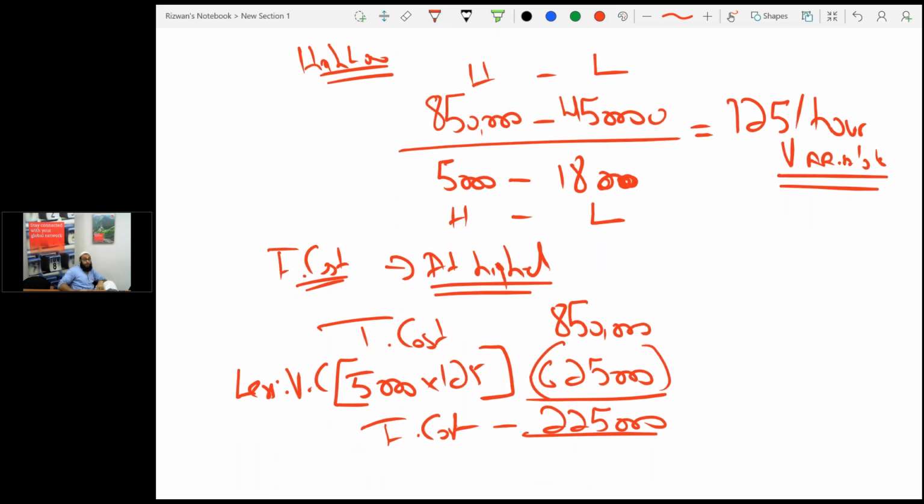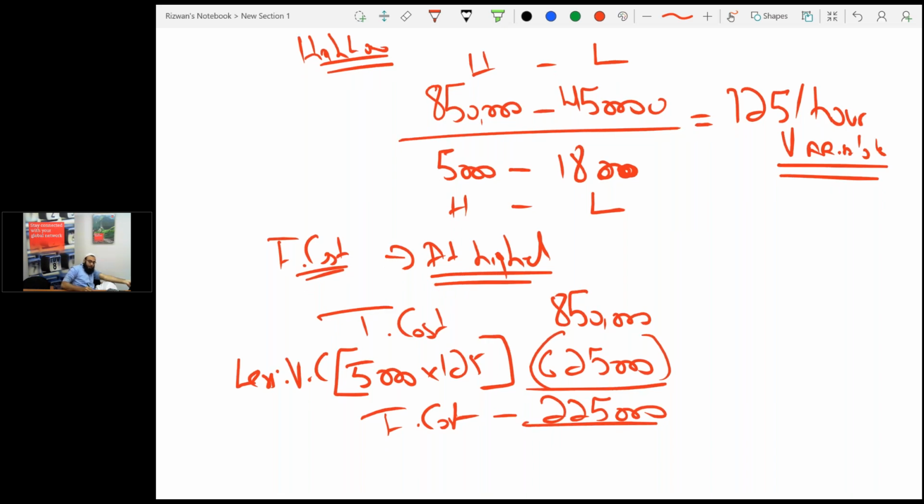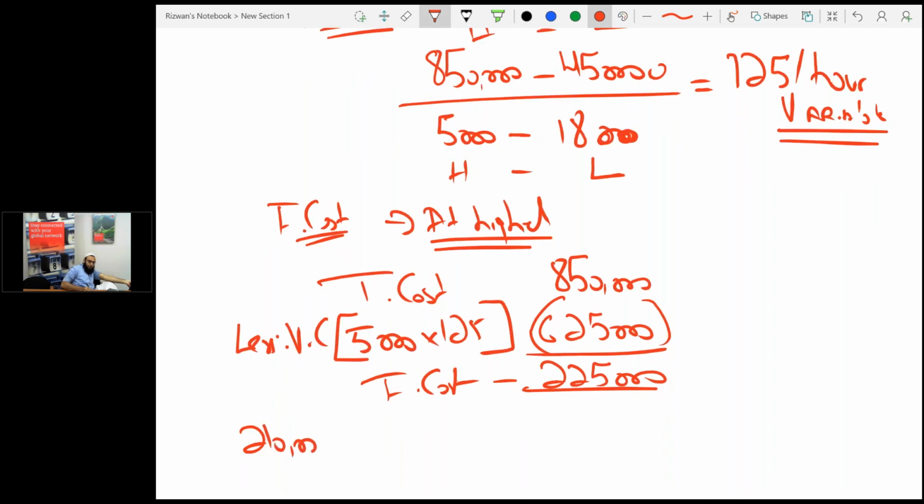So I'm sure this is a useful technique to find whether it is variable or semi-variable. Just calculate the per unit at two activity levels. If it is same, it's variable. If it is not, it is semi-variable. Apply the high-low method. So it's now very simple. How many units are we producing? And in one batch, how many units are there? 1,000 units.